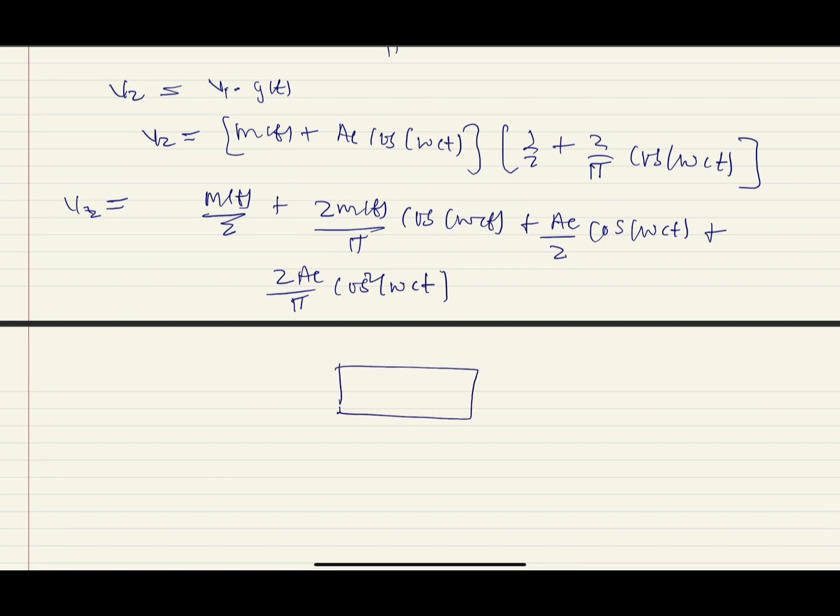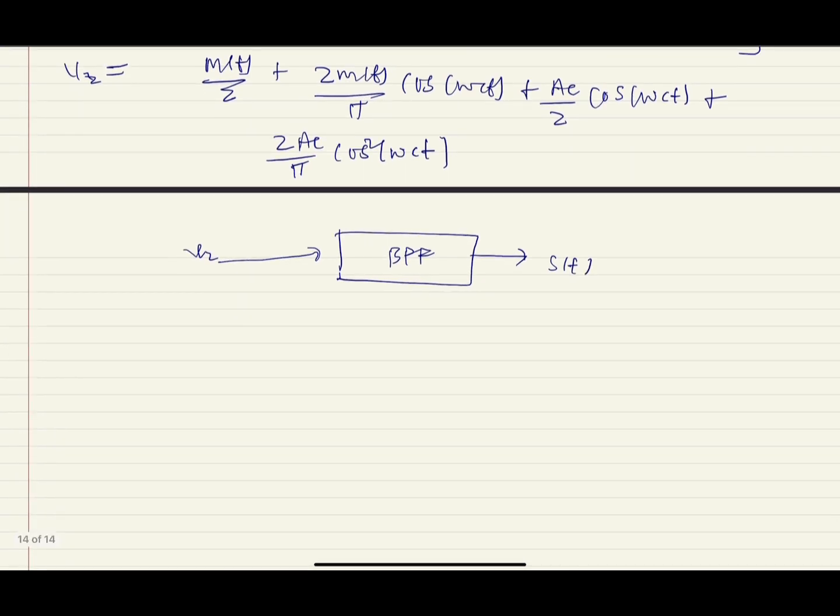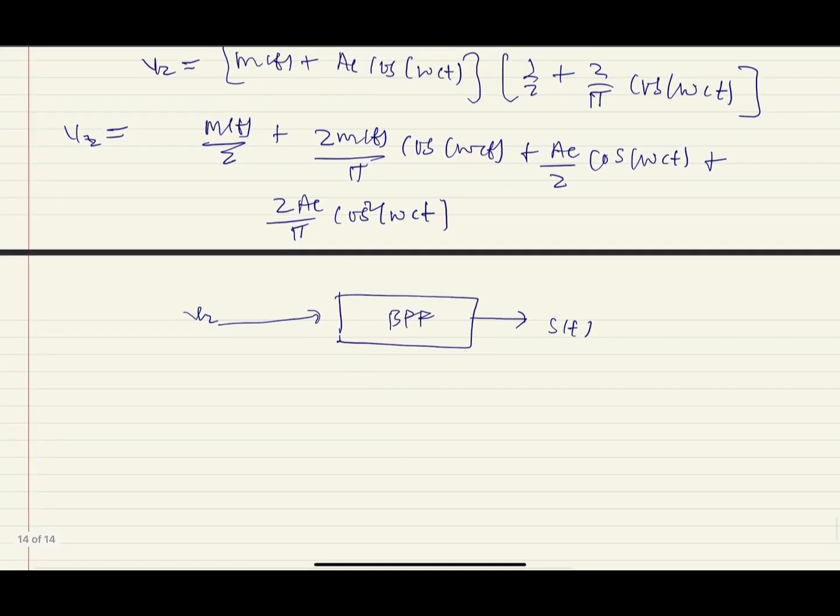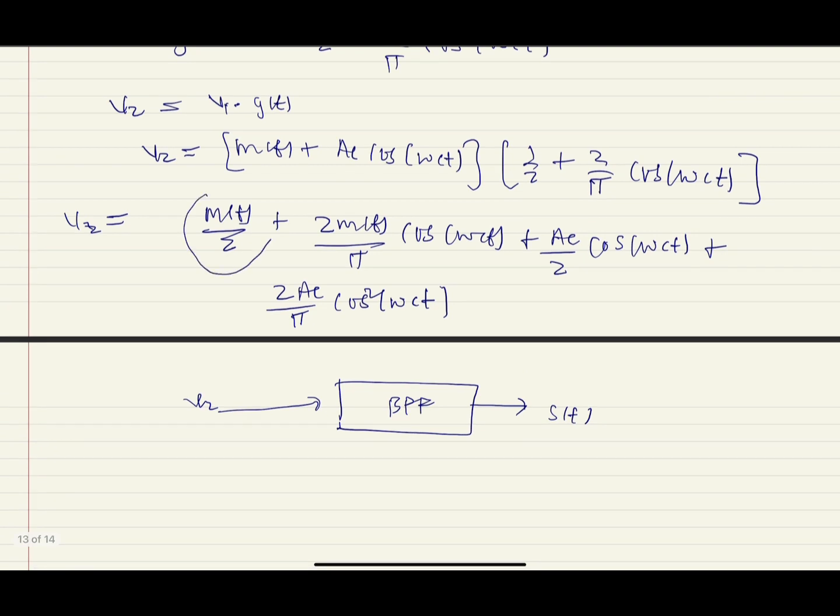So in passing V2 to a bandpass filter, we are going to get our final s of t. The message we placed in as an input has been divided by 2 and is of a lower frequency, and therefore the bandpass filter will get it out.